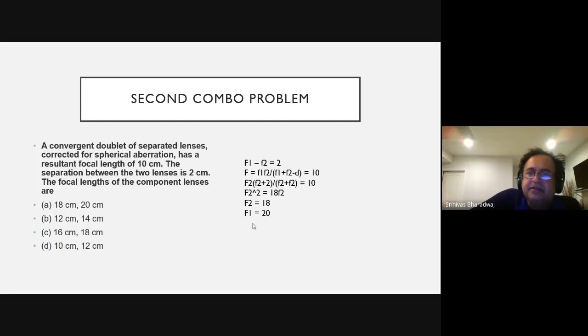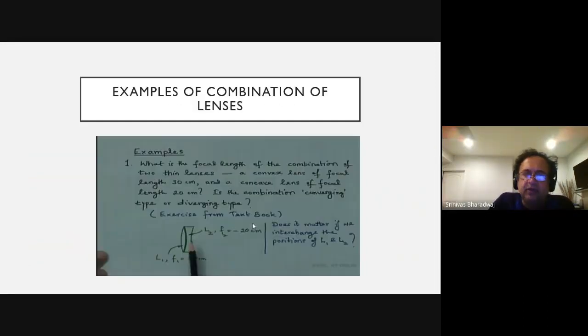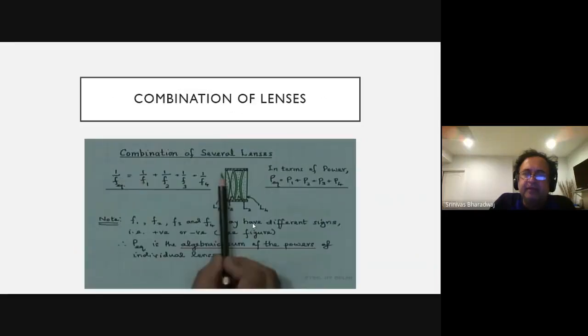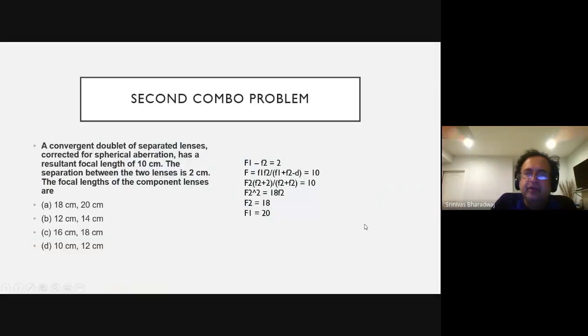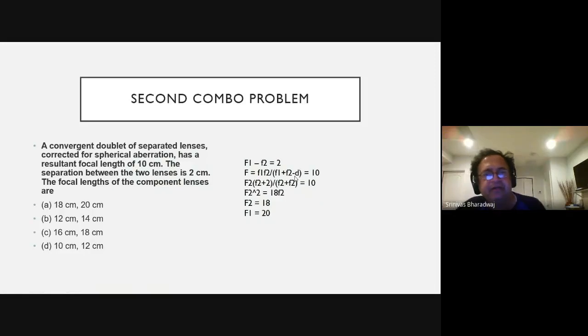Okay, the separation is also worked into the formula. If there is no separation, you do F1 F2 divided by F1 plus F2. Now, if there is a separation, you introduce a minus D in the denominator.